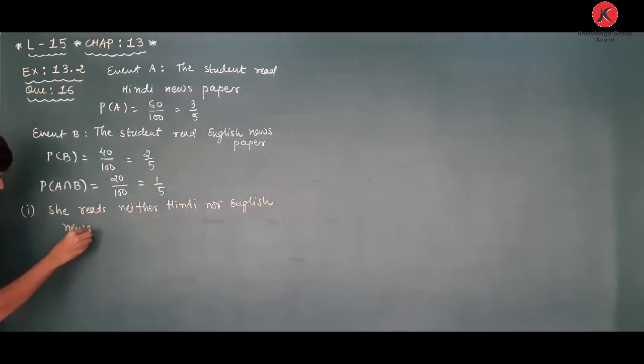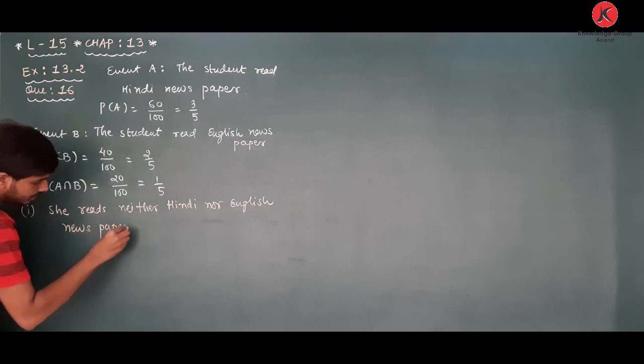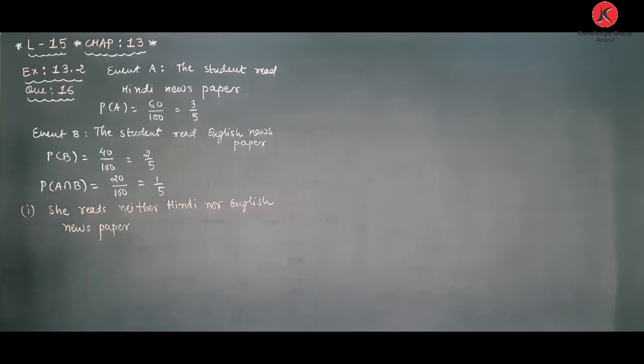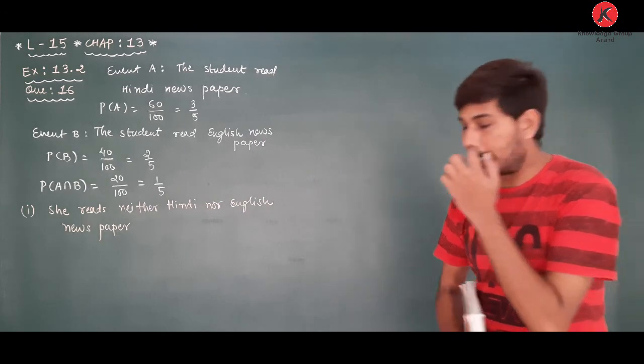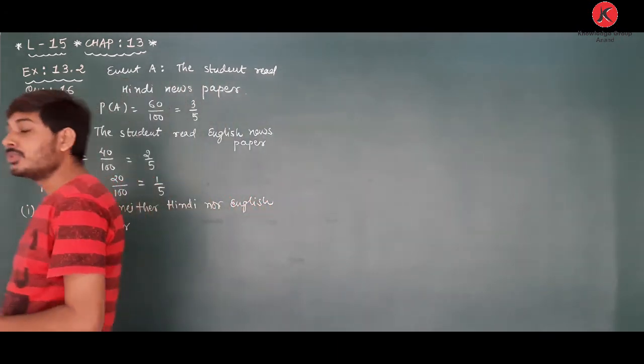The first question is for this case. Therefore your required probability: neither Hindi nor English means (A union B) whole dash, (A union B) whole dash.